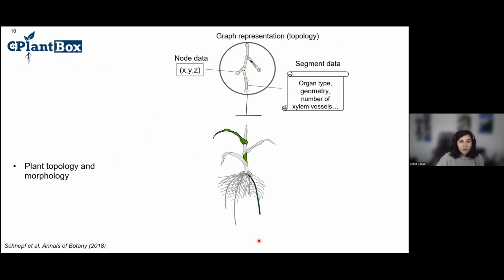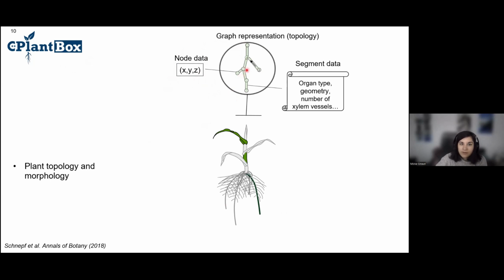Starting with our FSPM, we started with cPlantBox, which is an FSPM that has been in development since 2010, which represents a plant using a graph representation, which means our plants are made of a series of nodes, which are points in a 3D space. So they contain their location in a 3D space.